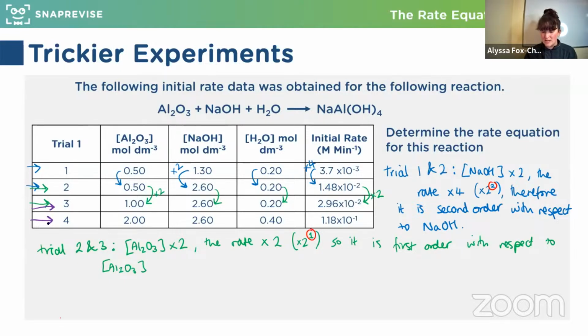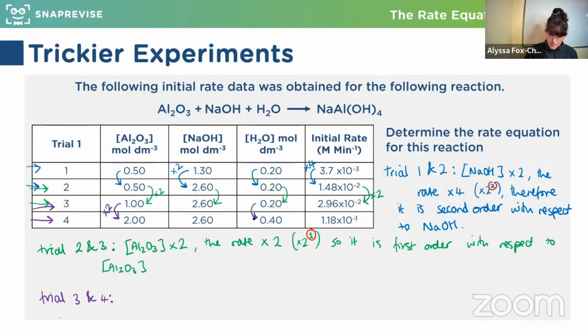Apologies, we disappeared for a second as well, so hopefully you're able to catch up okay. Let's compare trial 3 and 4. Again, feel free to jump ahead if you feel confident. Between trial 3 and 4, we have doubled the concentration of Al2O3. We've kept the concentration of sodium hydroxide the same.